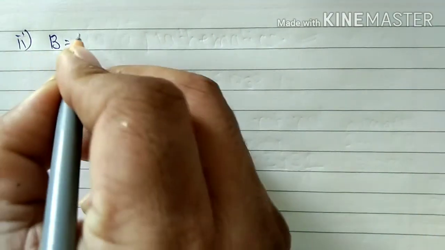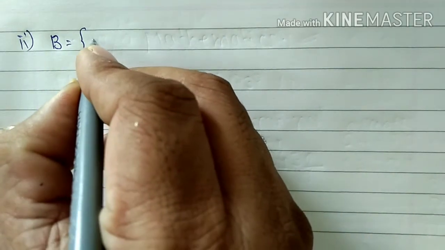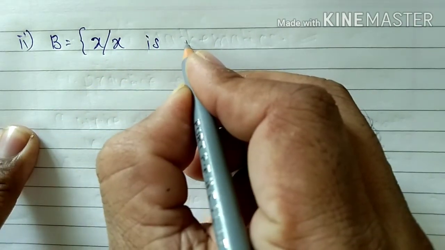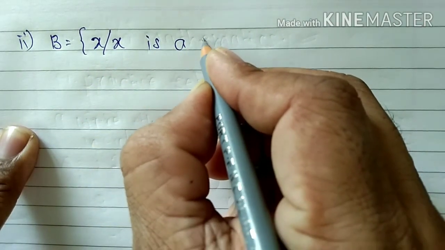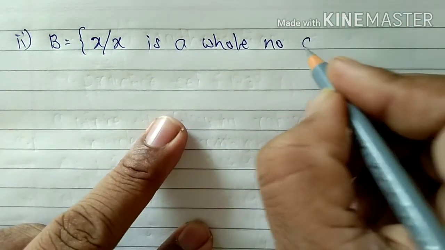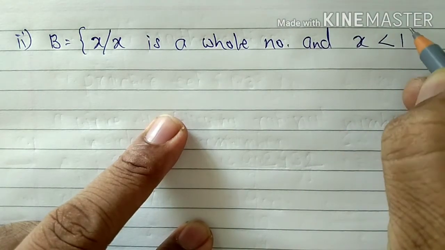Okay, let us see one more example. Suppose another example 2. Suppose B be the set of x such that x is a whole number and x is less than 1.